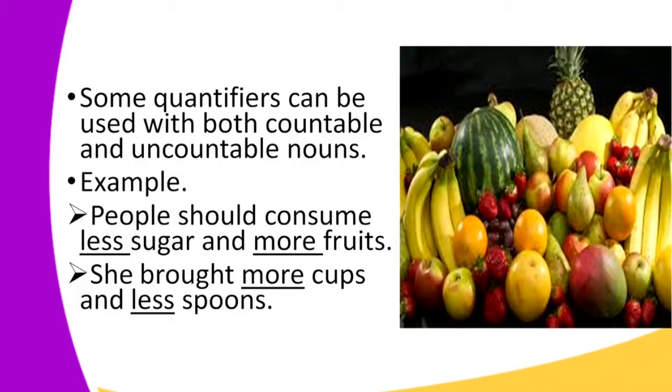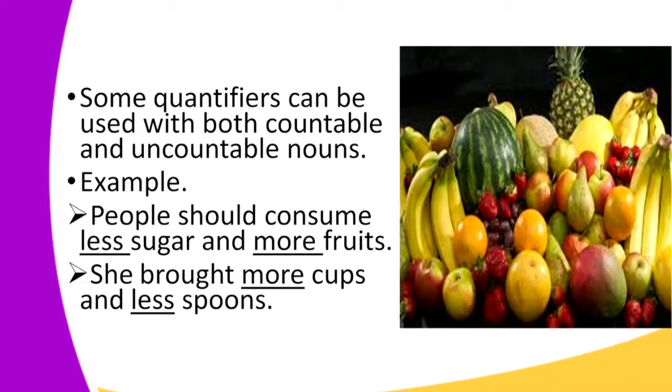Let's look at these examples. In the first set of two sentences, we have people should consume less sugar and more fruits. I believe this is true. Now, sugar is uncountable. We can't say 1 sugar, 2 sugar, 3 sugar. So the quantifier less has been used with sugar.